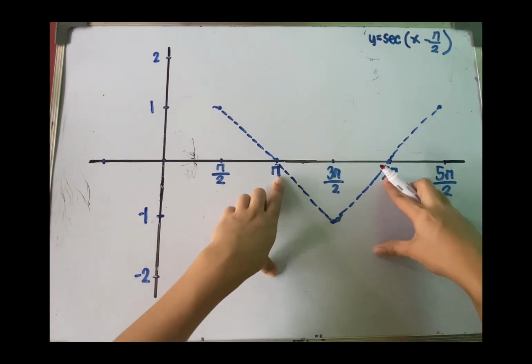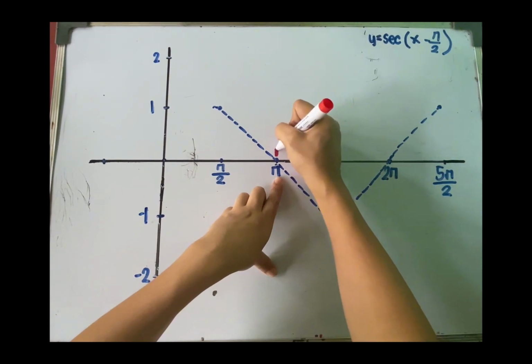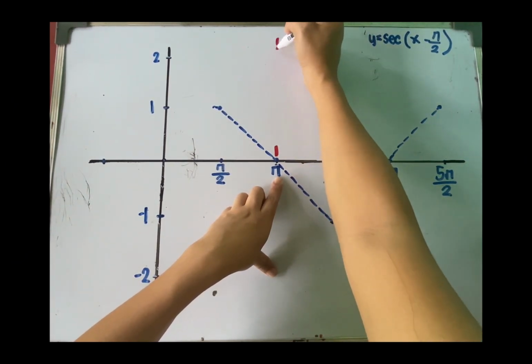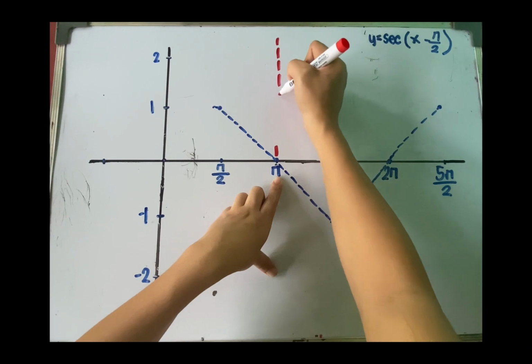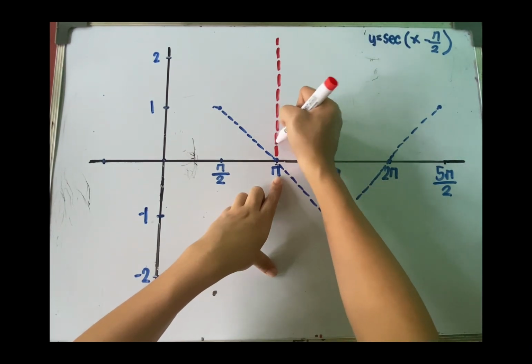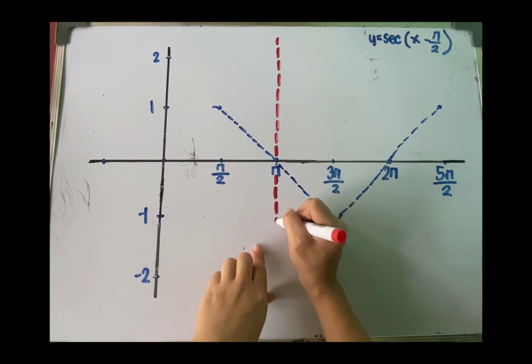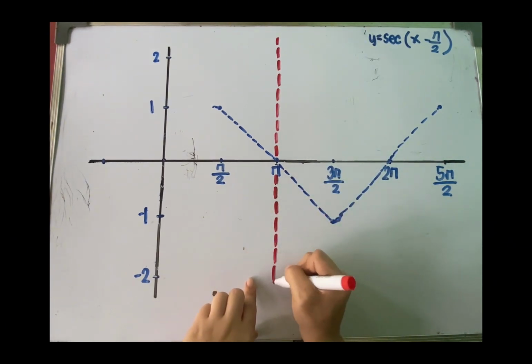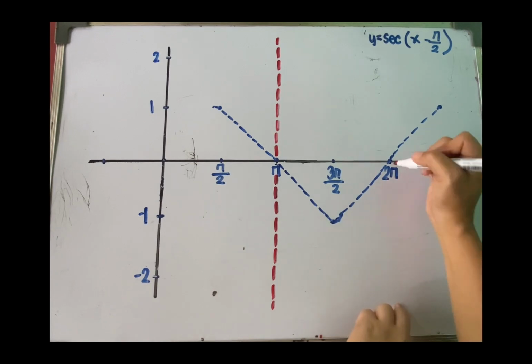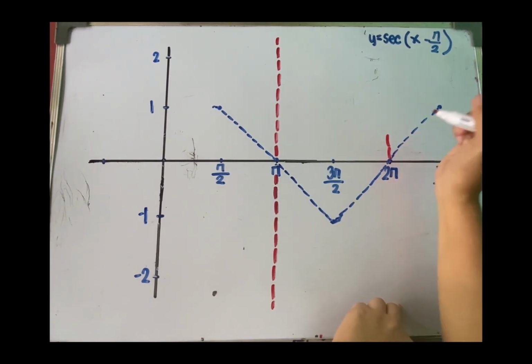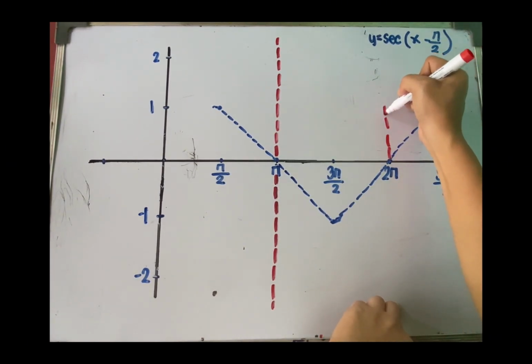And now let's do the marking of asymptotes, which can be created at pi since it lies at 0. And for the second asymptote, it's at 2 pi, since likewise with pi, it lies on 0, which is our origin.